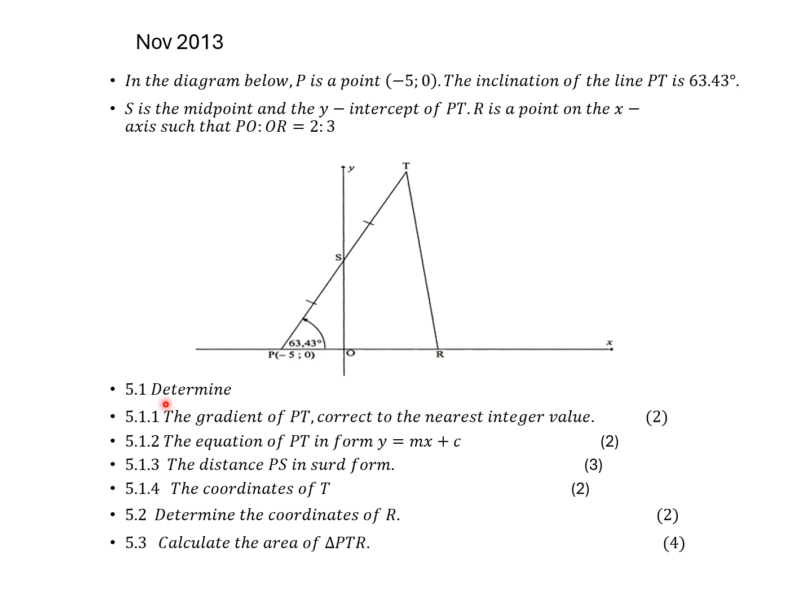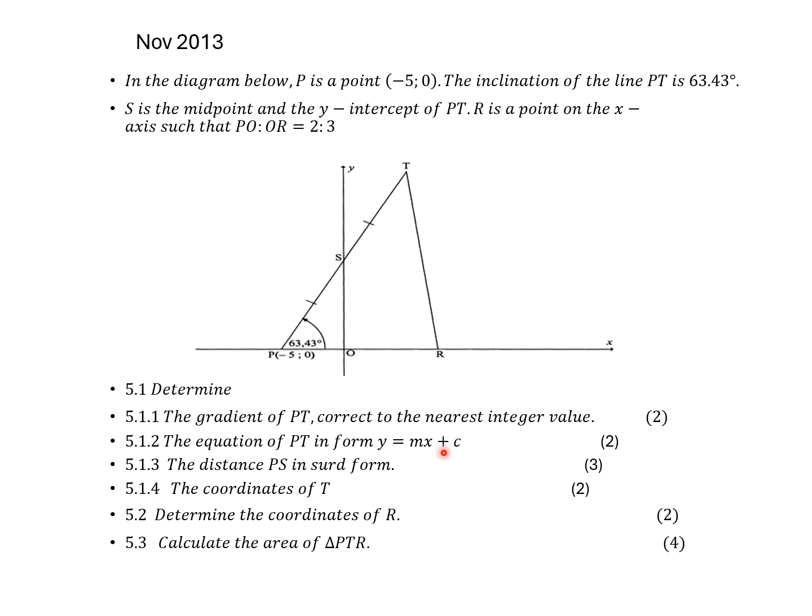5.1: determine the gradient of PT correct to the nearest integer value. Because they've given me an angle, I'm going to use the angle of inclination formula. 5.1.2: they want the equation of PT in the form y equals mx plus c.